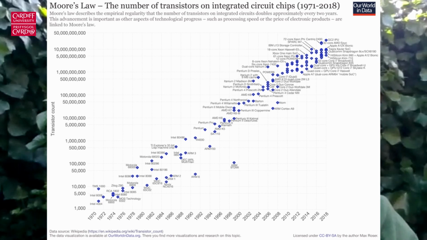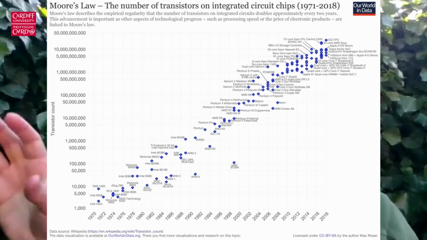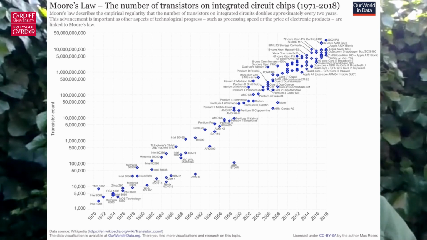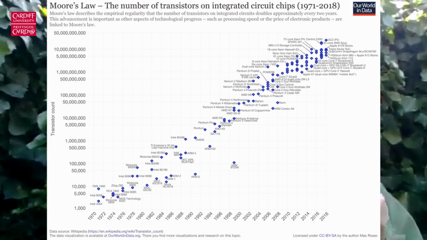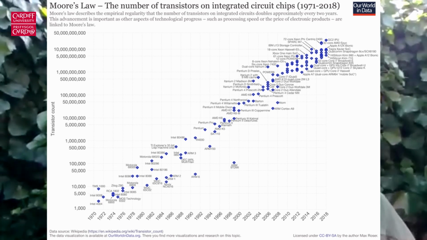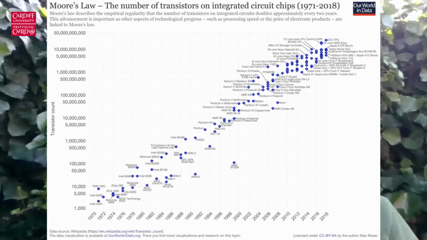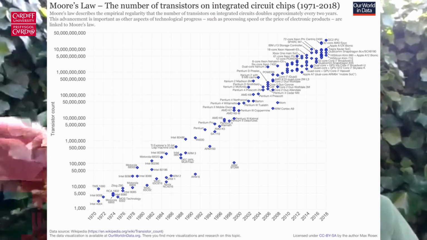You can see in the graph, all those points represent one particular computer chip, and the y-axis is the number of these small switches that I was talking about, the transistors, within a computer chip, and on the x-axis is just the year. And what we can see is that it has been doubling every year until now, and now we are starting to see a slowdown of the growth of the electronics.